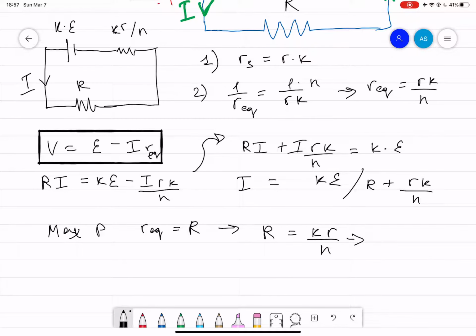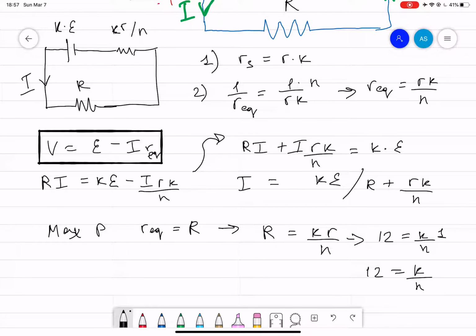R in our case is equal to 12, which is equal to rK over N. Now small r is equal to 1 ohm. That means finally we get that 12 is equal to K over N.